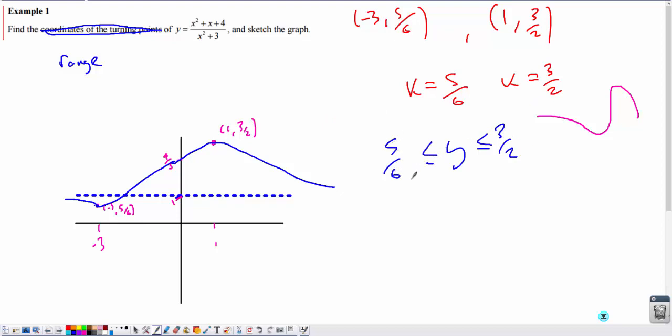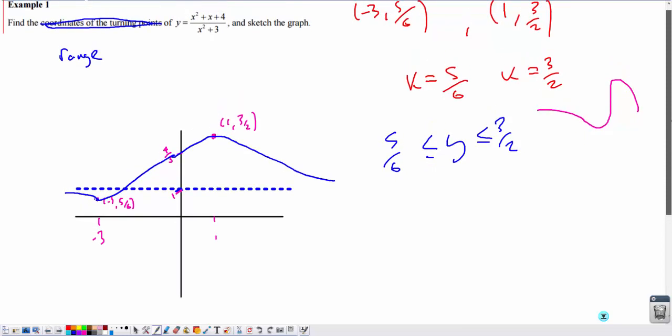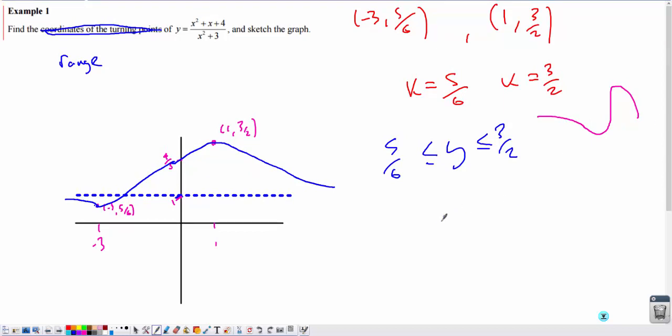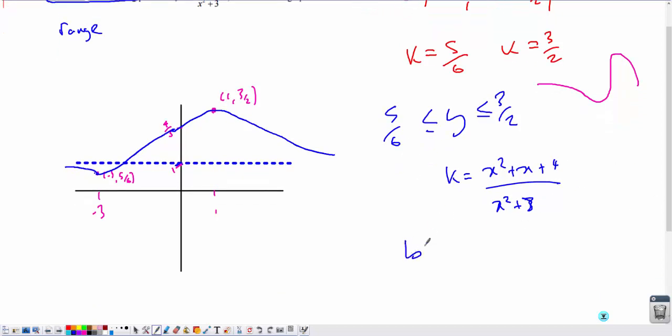Now, could you have got this without drawing the whole graph? Yes. All you would have had to do is make it equal to k, so k equals x squared plus x plus 4 over x squared plus 3. Make your quadratic, and instead of solving b squared minus 4ac equals 0, solve b squared minus 4ac is greater or equal to 0.